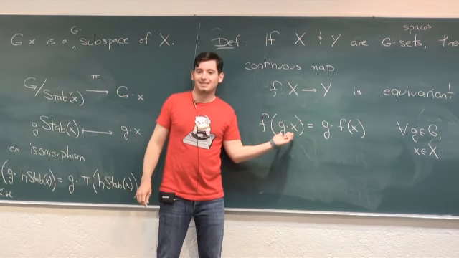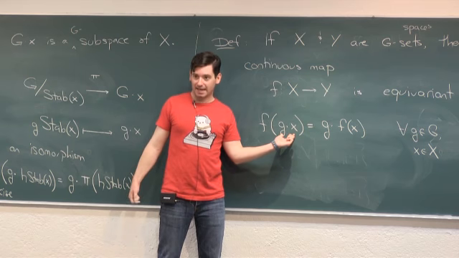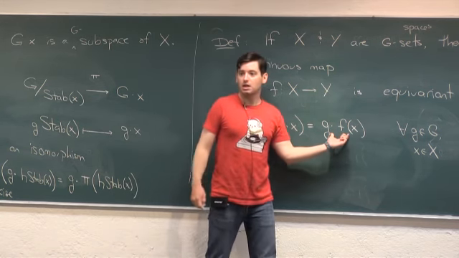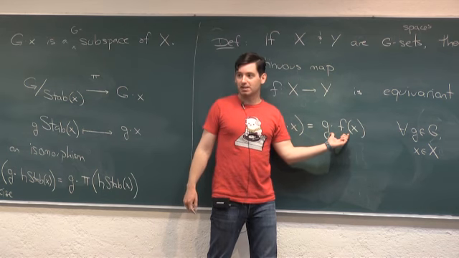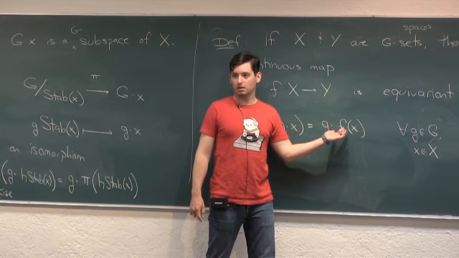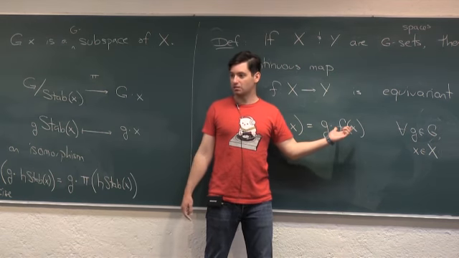This multiplication is taking place in the G space X, using the G space structure on X. This multiplication is taking place in the G space Y, using Y's multiplication. In general, I will never stress this point again, and I'll assume it's obvious from context.